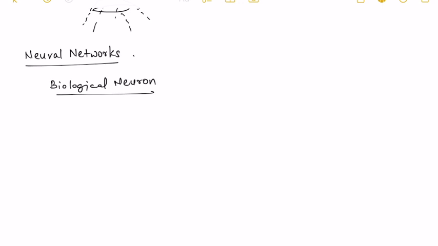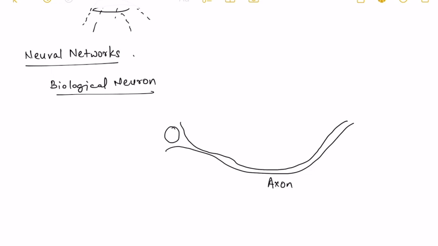Okay, so pardon my drawing, but a biological neuron is made up of a cell body and an axon, which is like a thin wire connecting it to the root of this neuron.